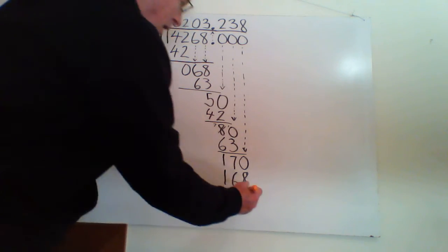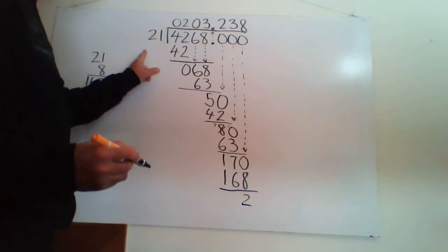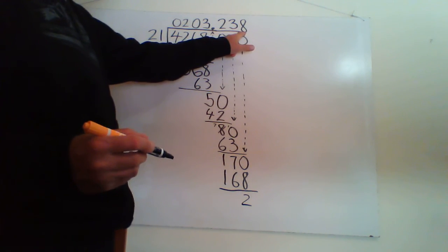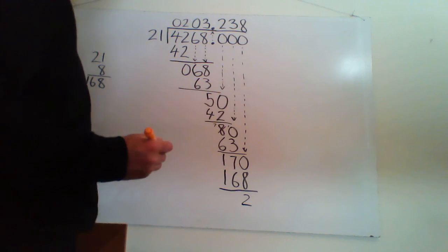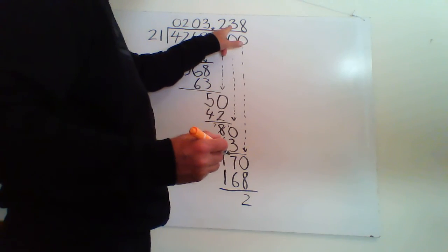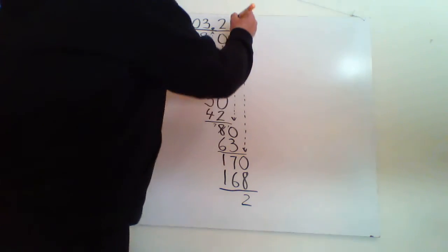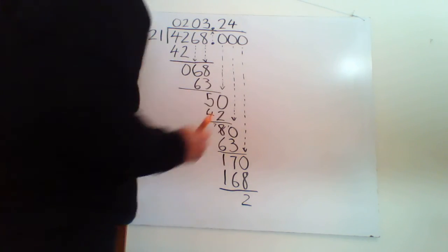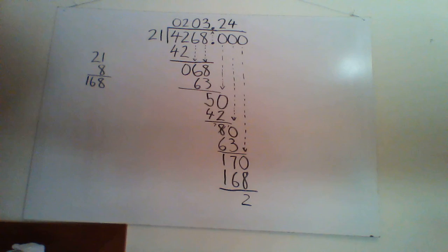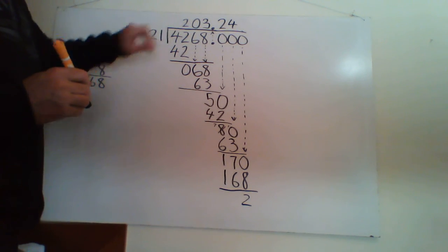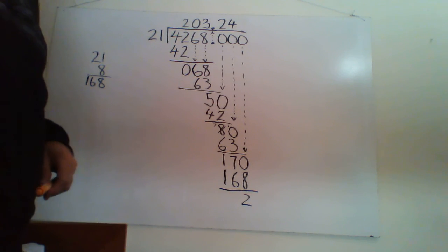So we're not going to go any farther because we can see that we've got an 8 here. So that means that our 0.23 is going to round up to a 0.24. The answer is 203.24.